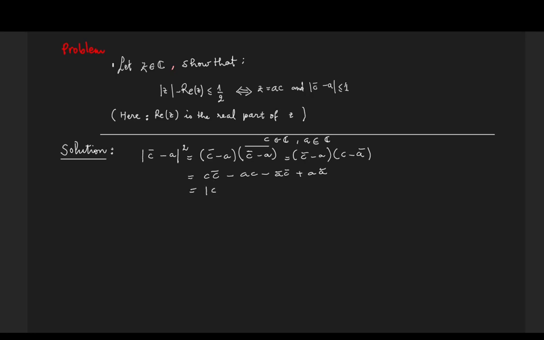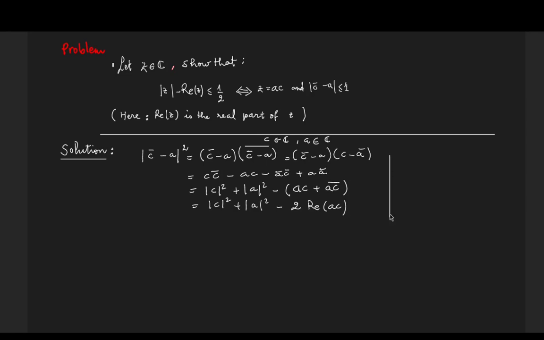That's modulus of c squared, and a bar a, that's modulus of a squared, and then minus ac plus a bar c bar, which is a c bar. And this is exactly modulus of c squared plus modulus of a squared minus 2 times real of ac. That's real z.